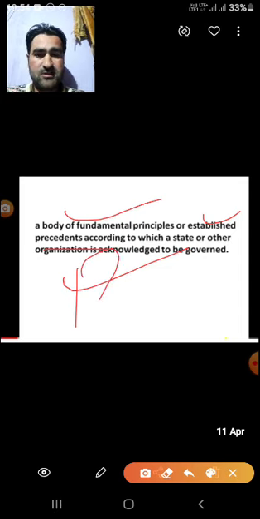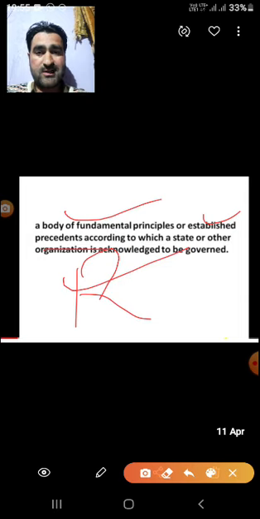So it not only describes the relationship between the state and the individual, but also between the individual and the society. For example, constitution provides us rights, but it also lays down certain rules and regulations.